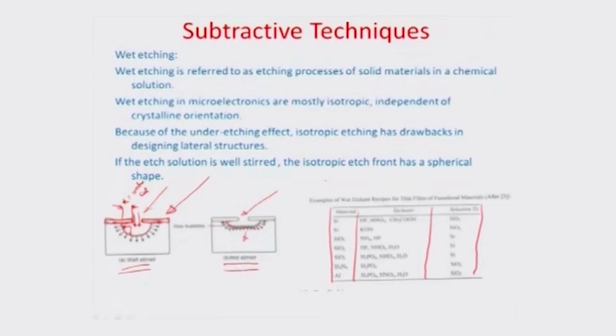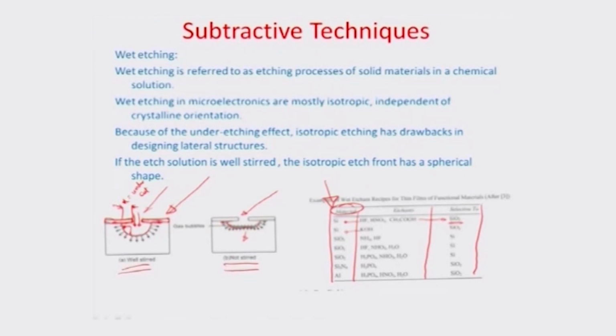So, let us look at this table back again here. The materials illustrated can be silicon, silicon dioxide, silicon nitride, aluminum, and so on and so forth. And then there are these etchants which are amenable to removal of these materials, for example, HF or HNO3 or CH3COOH, or for example, KOH. They can remove silicon very easily, but as soon as the etchant meets a surface of SiO2, it is selective to SiO2.